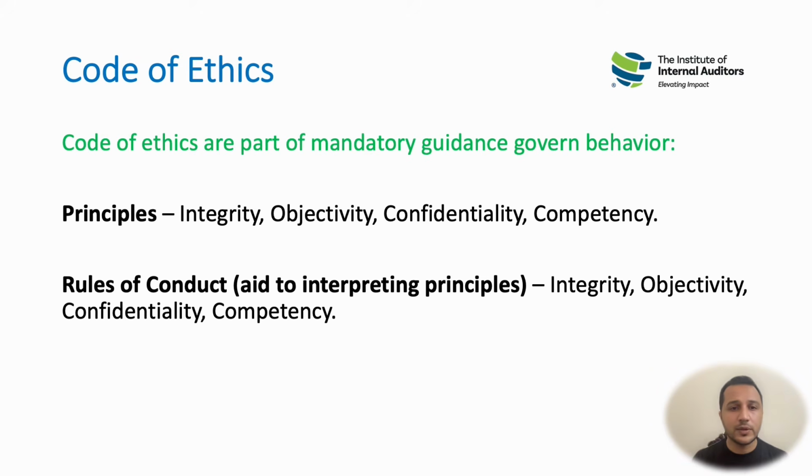However, at a high level, I will just give you an example. Integrity is about being honest. Objectivity is where you do not change your opinion due to any pressure or anything. You are very clear, and without being biased, you give your opinion. Confidentiality: being an auditor, you have access to information, so you have to ensure that you use it responsibly, and communicate and store it responsibly as well.